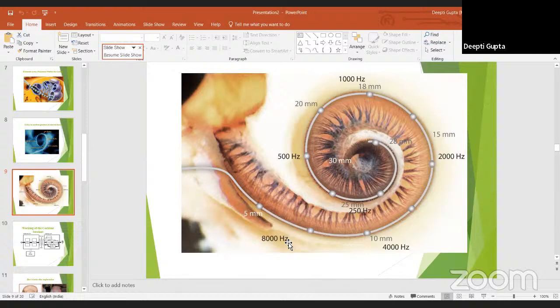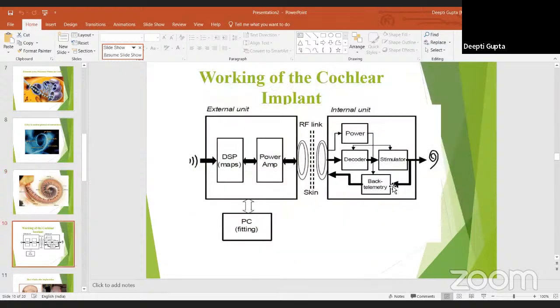This is a general structure. It may vary a little, like up to 8,500 or 9,000, or from 250 to 200, like that. It can vary because many companies are in the market and they function accordingly, but the basic structure remains the same. A little variation may be there, but the basic structure remains the same.